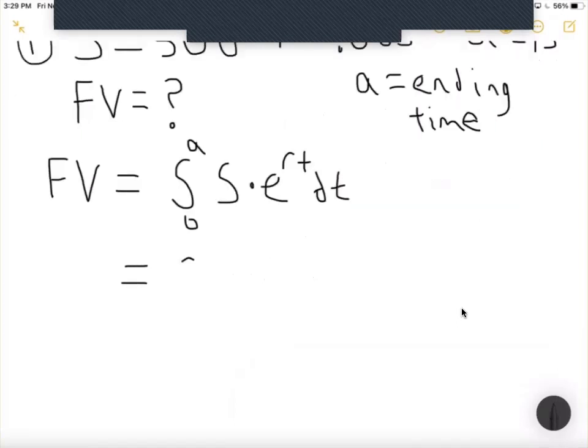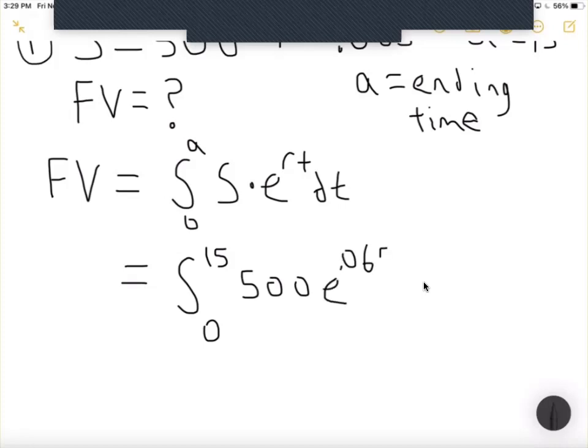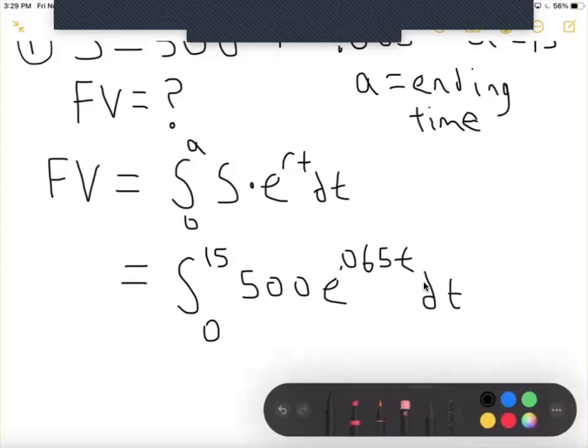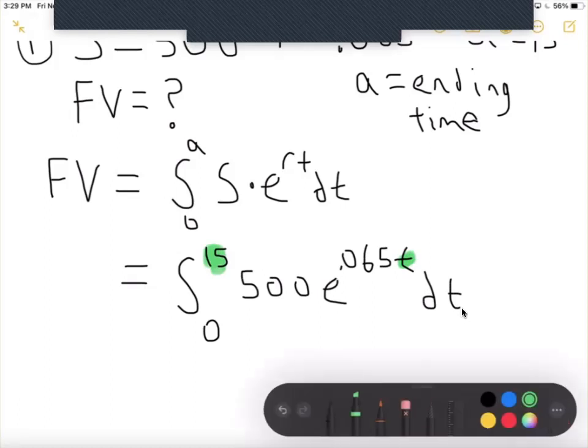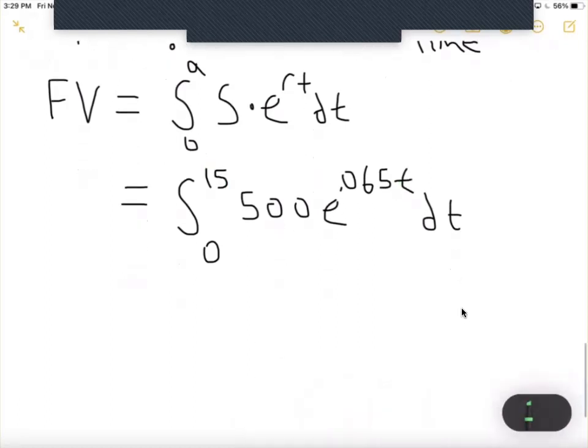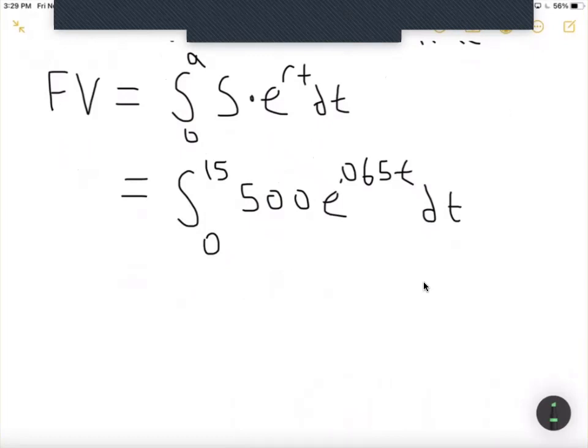So if we plug it into the correct spot, we have the integral from 0 to 15 of 500 e to the 0.065 t dt. So again, big deal. T stays as the variable t. We do not plug anything in for t. Instead, we plug our time in there for our bounds. If we do that correctly, this is the equation that we will have set up.